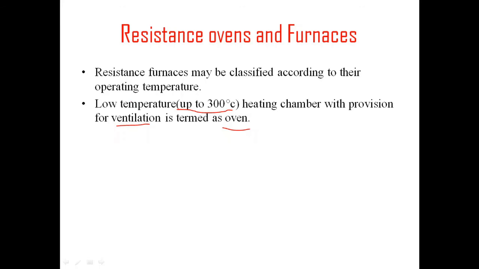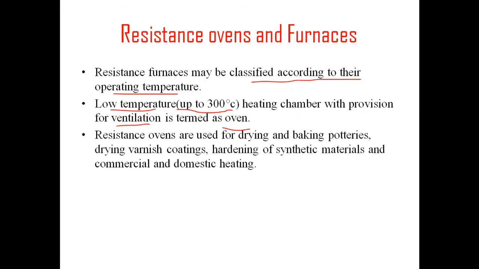Okay, so the resistance furnaces are classified according to their operating temperature. If it is of low temperature, up to 300 degrees Celsius, then we consider it a resistance oven, because resistance ovens are used for commercial and domestic purposes, where we need to cook items or bake potteries.